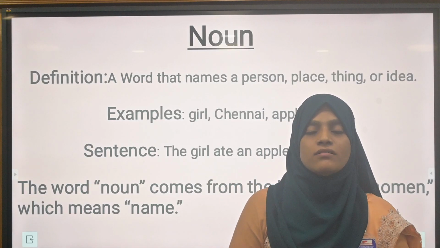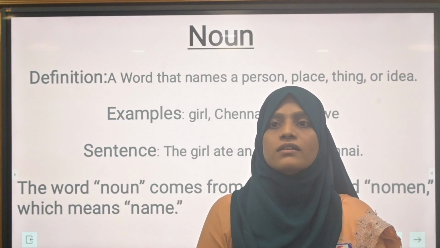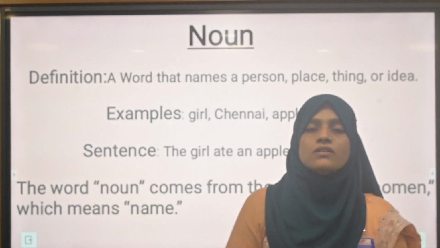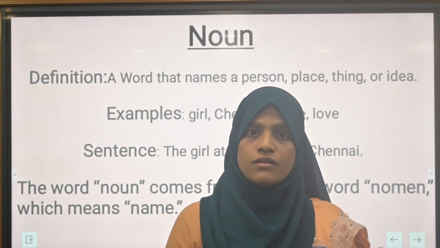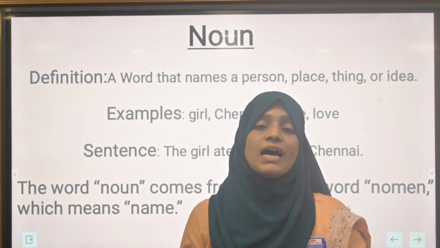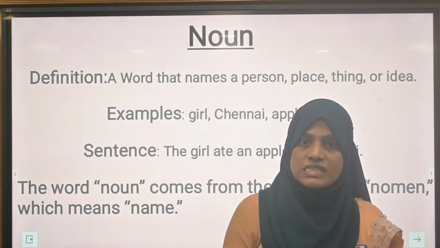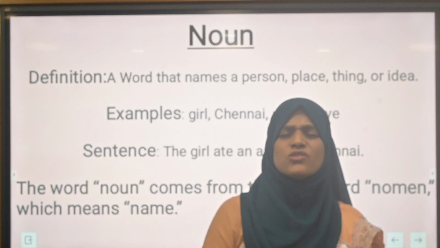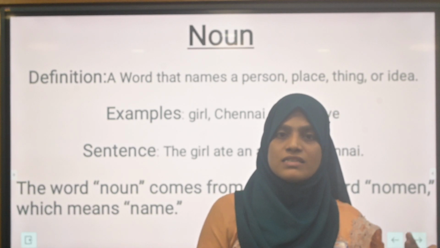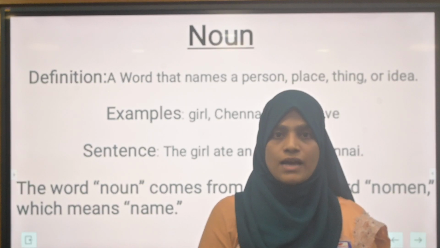Noun is a word derived from the Latin word nomen, which means name, isn't it? So a noun represents the name of a person, a thing, an idea, a place. These are all nouns. We have millions of nouns in the English language, isn't it? Every year a new word is added into the language.